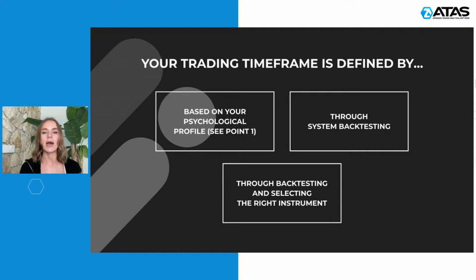Secondly, through system backtesting. So once again, you go and use the Aras replay mode to be able to find the optimal time frame for your system. While backtesting your system, compare which entries you would take. Let's say you take one period of time, 1 week or 1 month.